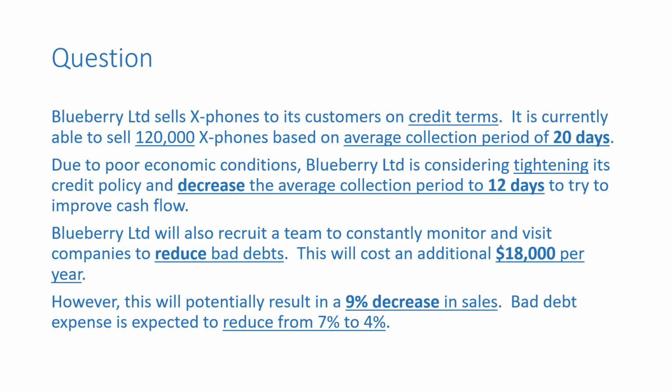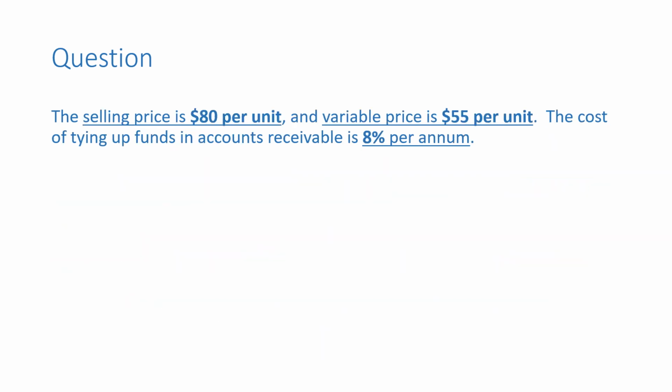Bad debt expenses is expected to reduce from 7 to 4%. The selling price is $80 per unit and variable price is $55 per unit. The cost of tying up funds in accounts receivable is 8% per annum.